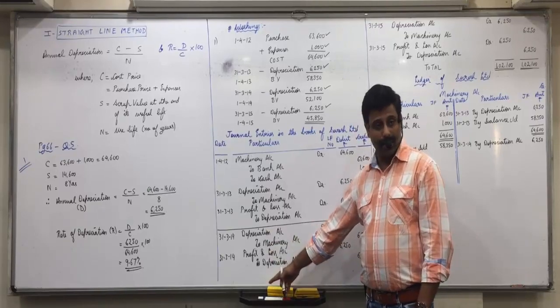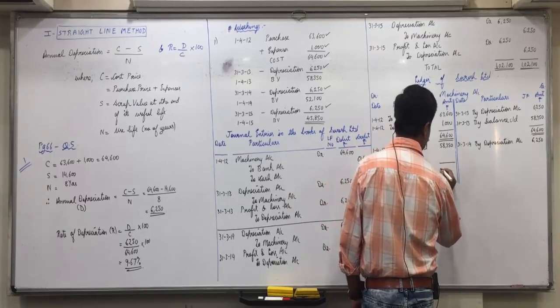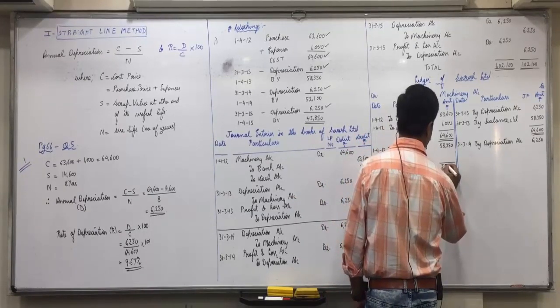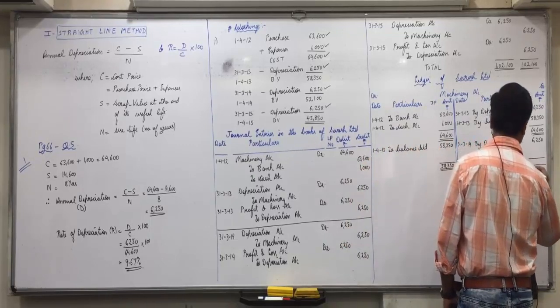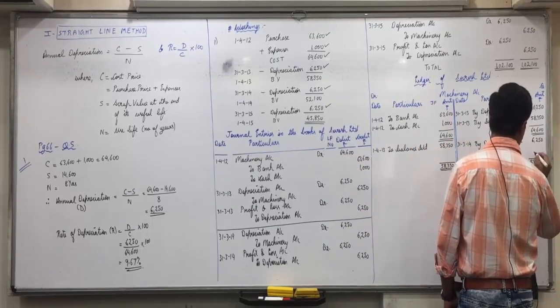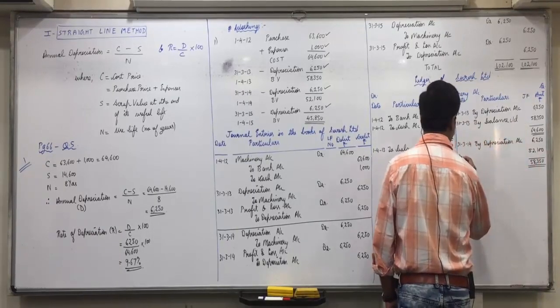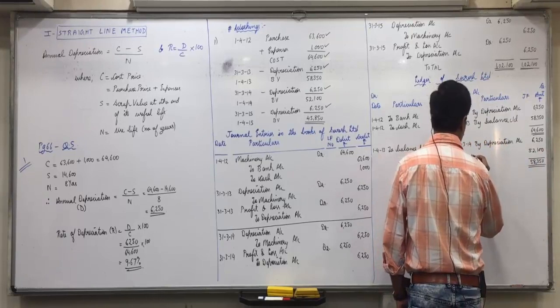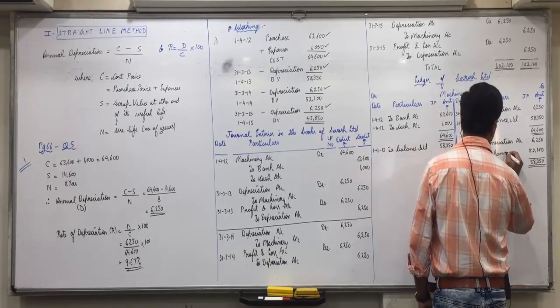Again, second year is over, so we have to do the balancing. So 58,350 minus 6250, 52,100, 31/3/14 by balance carried down.